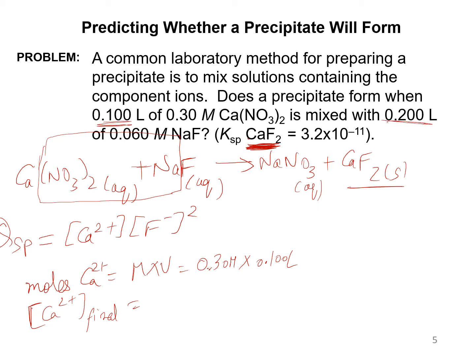So it's going to be moles, which I just figured out is 0.30 times 0.100 liters, and final volume is this plus this, so 0.300 liters. That would give me the final concentration of calcium. Similarly, I'll solve for the final concentration of fluoride ion. Once I have these two values, I can plug it into this expression and calculate QSP.